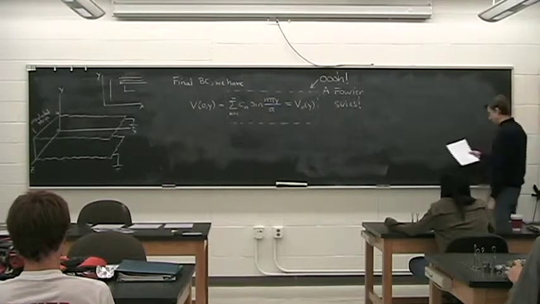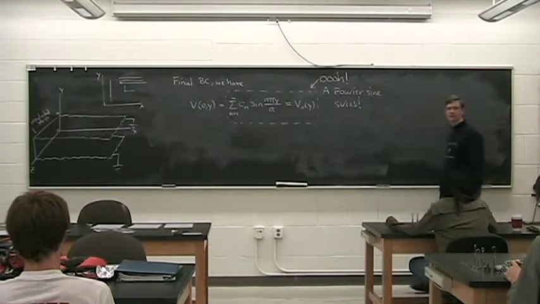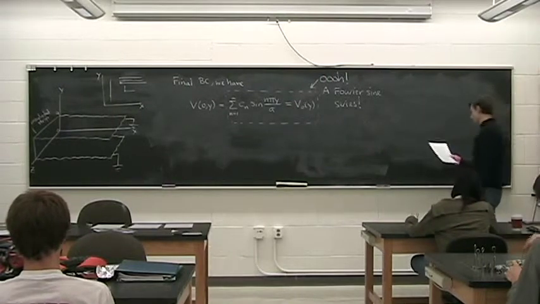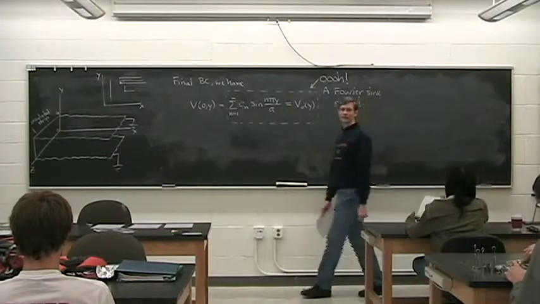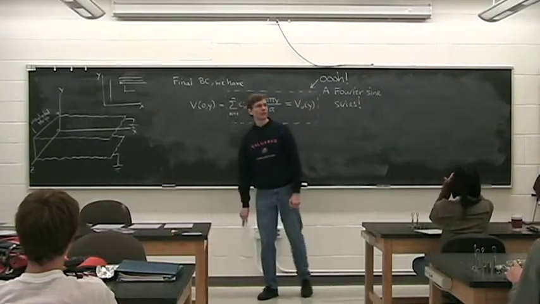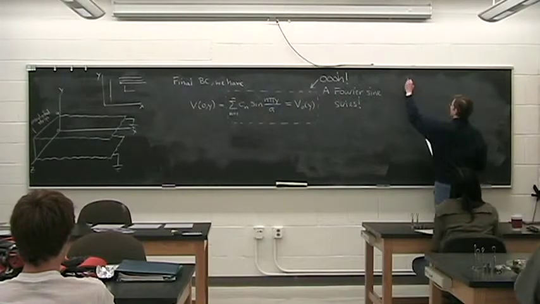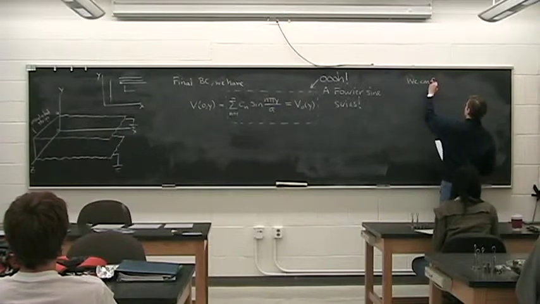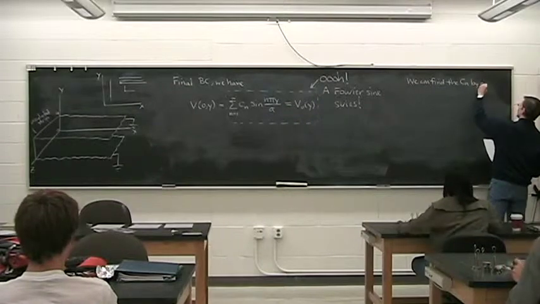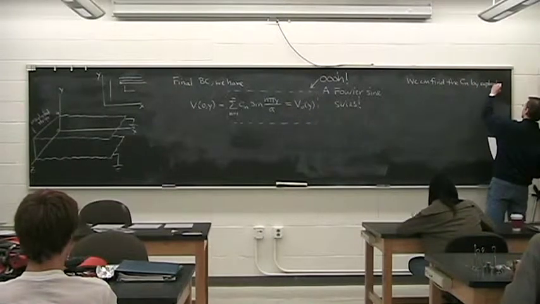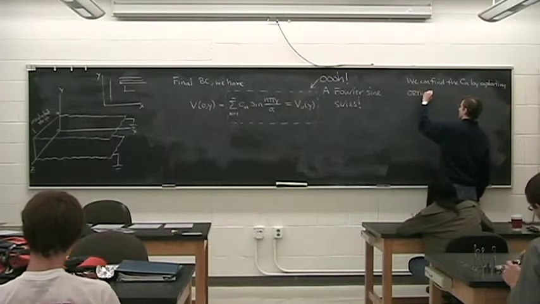And in fact, in particular, it's the Fourier sine series that we've got here. So how do you find the coefficients in a Fourier series? Well, we exploit what we call the orthogonality of the sine functions. We can find the Cn by exploiting orthogonality.